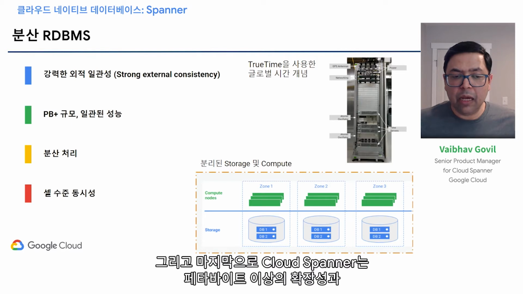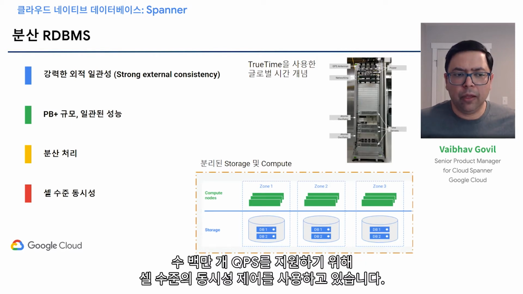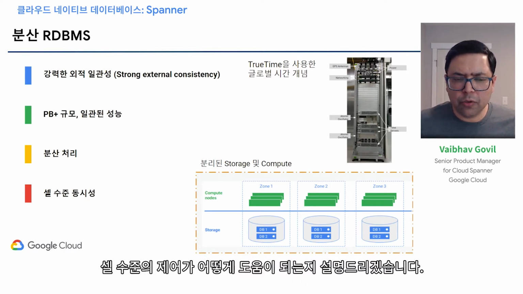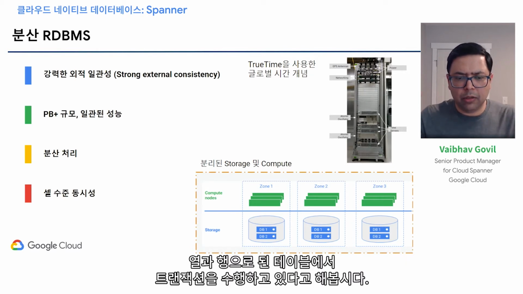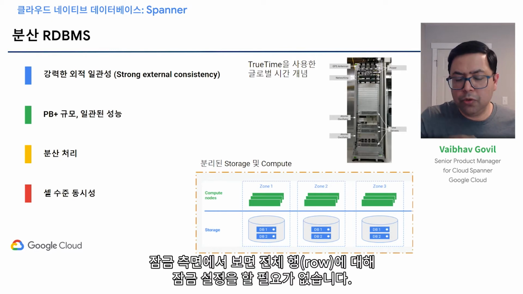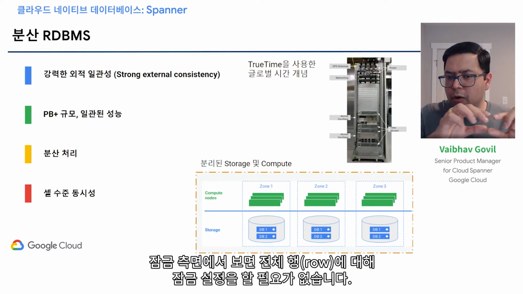And then finally, we have cell level concurrency control. Again, to enable that kind of petabyte plus size scale, as well as millions of QPS. Now, how does cell level concurrency control help? If you can imagine a table which has rows and columns, and you are doing a transaction, so you have to hold a lock. And in terms of that lock, you don't have to hold the lock for the entire row.